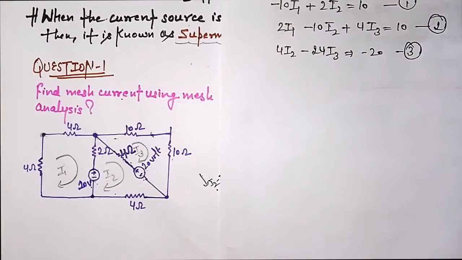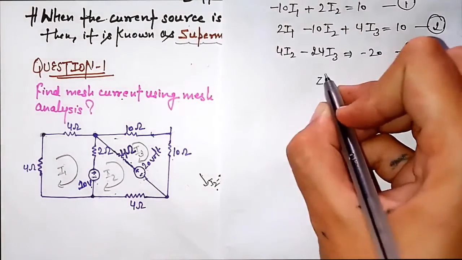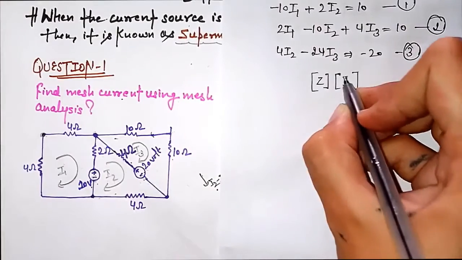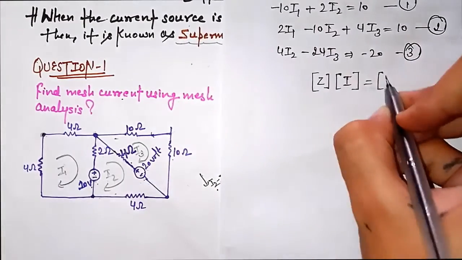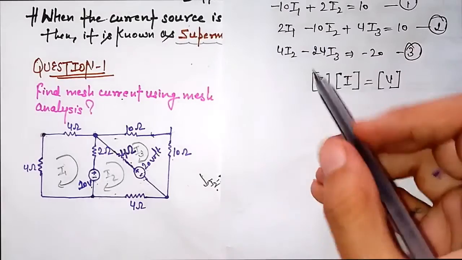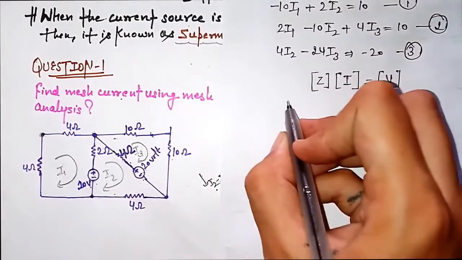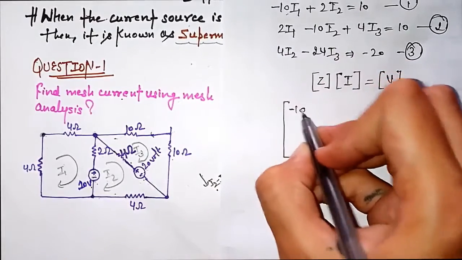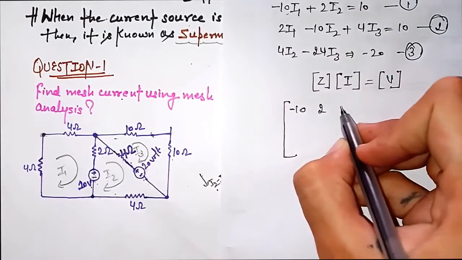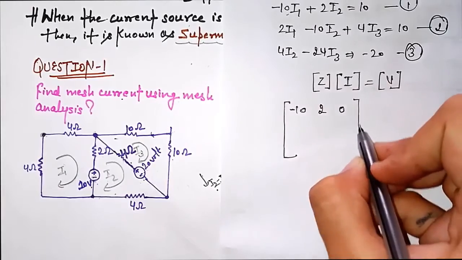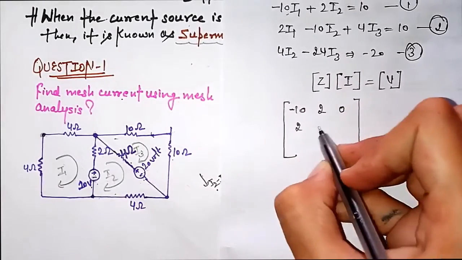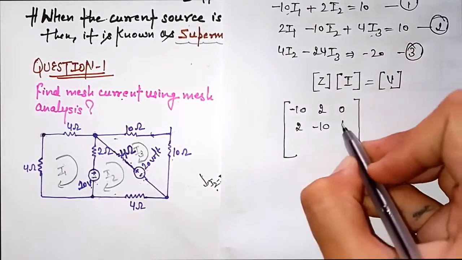According to the matrix method, Z, you can also say Z bus, into the current matrix is equal to the V matrix. From the equations write the Z matrix. For I1 it is minus 10, I2 is 2 and I3 is not given, so we write 0. From equation 2, 2, minus 10, 4.